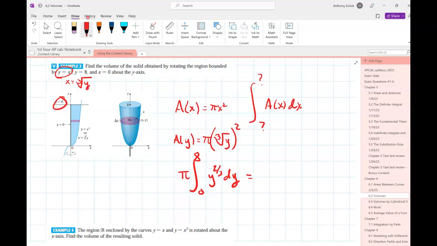Yeah. Now, could we have found these bounds? Sure, it would have meant figuring out this intersection. So that would be plugging 8 in for y, which is not impossible, but it's just a little bit easier this way.